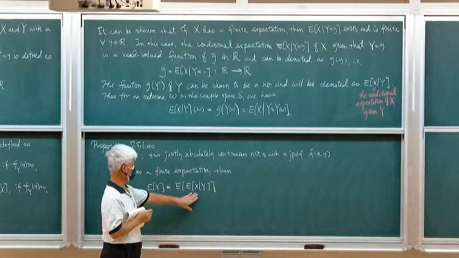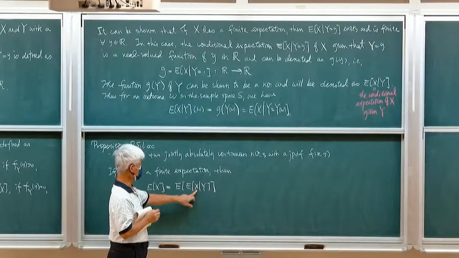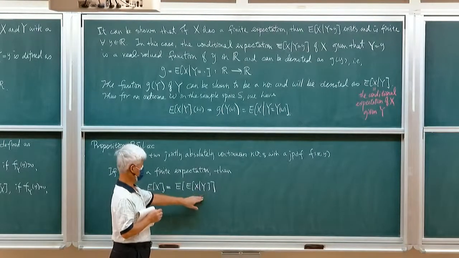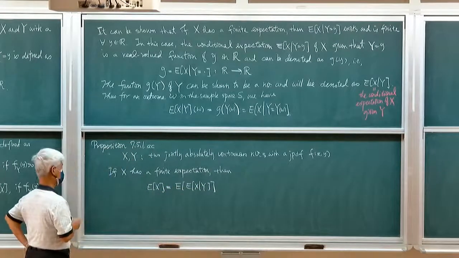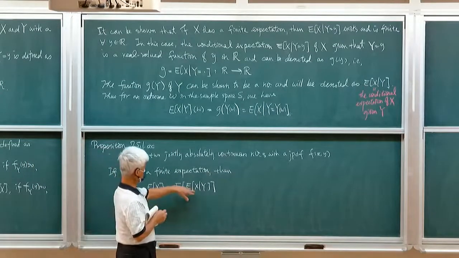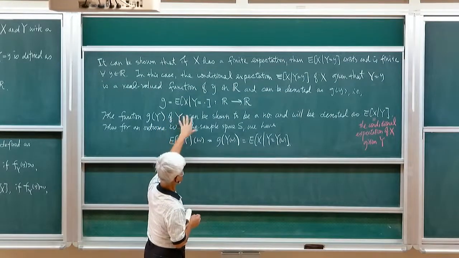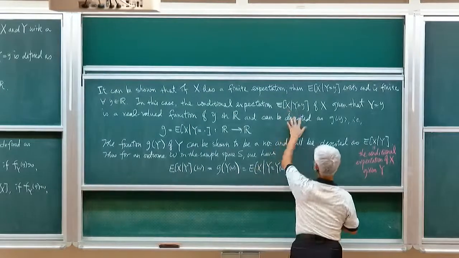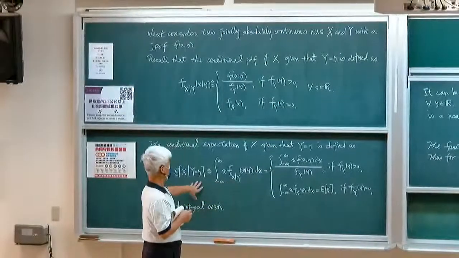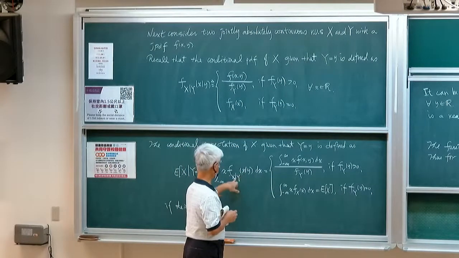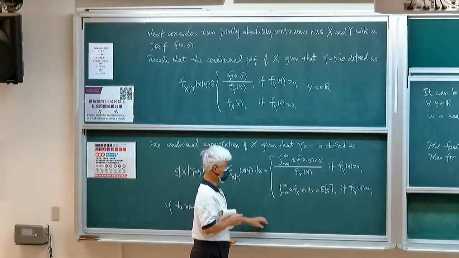First of all, you can compute the conditional expectation of random variable X given random variable Y, a function of Y, and such a function g is computed in terms of the conditional PDF of random variable X given random variable Y, using this formula.